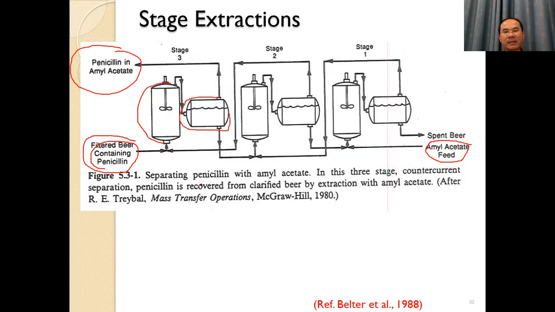This is the feed. We contact more than one time. For this case, about 3 times. The feed in step 3 contacts with the solvent from step 2. Right? After extraction, the extract phase is out of the step. It is our product. And the raffinate phase also contacts again with the solvent and extracts again.